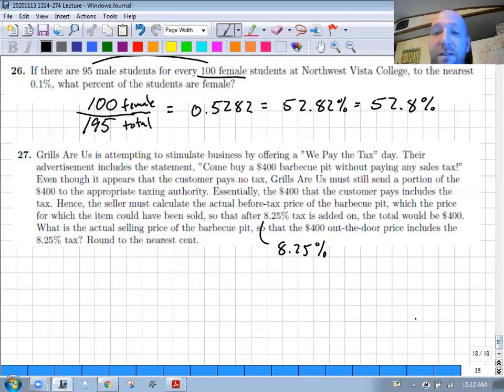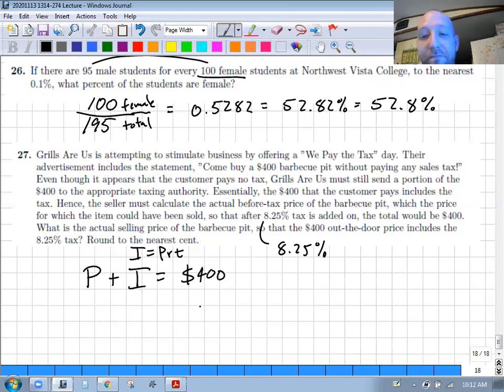Okay, well, let's see. We got some price. So the interest is PRT, right? So we have the price plus the interest needs to be $400, right?